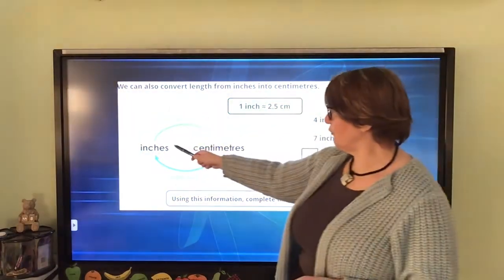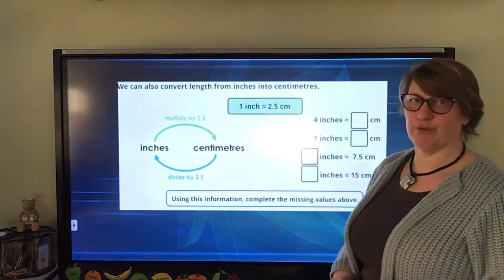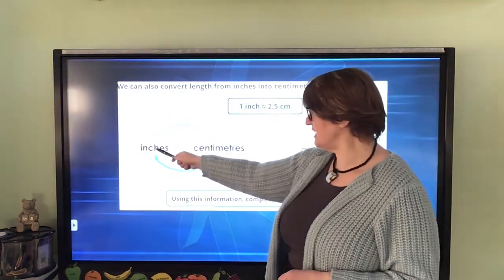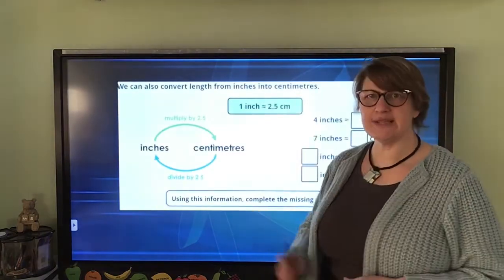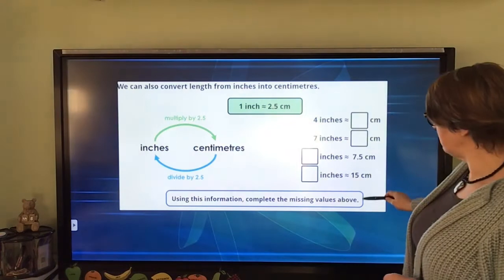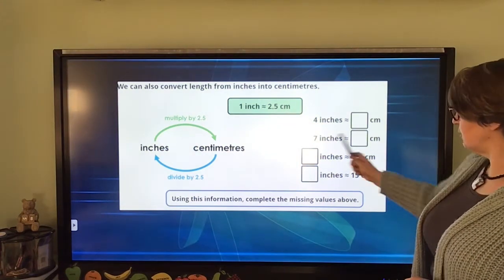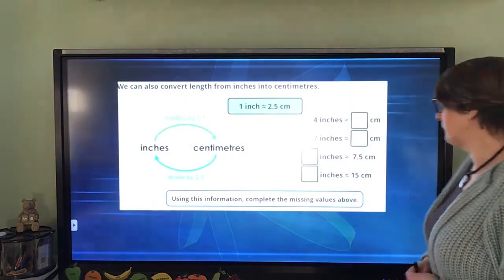So to go from inches to centimetres, I'm going to multiply by 2.5, and to go back the other way, so I can express my centimetres as inches, I'm going to divide by 2.5. So using that conversion, could you have a go at these and see what these might be in either centimetres or inches? Have a go and turn back on when you're done.